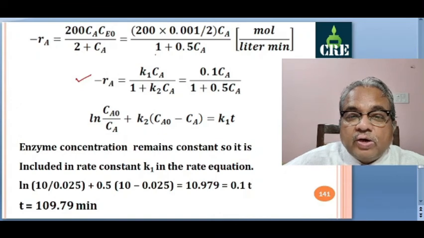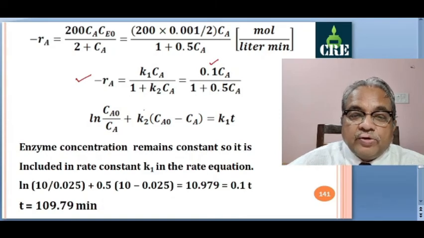If I divide the denominator by 2, I get 1 plus 0.5 Ca. I have divided the denominator by 2, so I have to divide the numerator by 2 also. So 200 into 0.001 by 2, that is 0.1 Ca divided by 1 plus 0.5 Ca. It is of the form K1 Ca by 1 plus K2 Ca. That means K1 is 0.1 and K2 is 0.5.